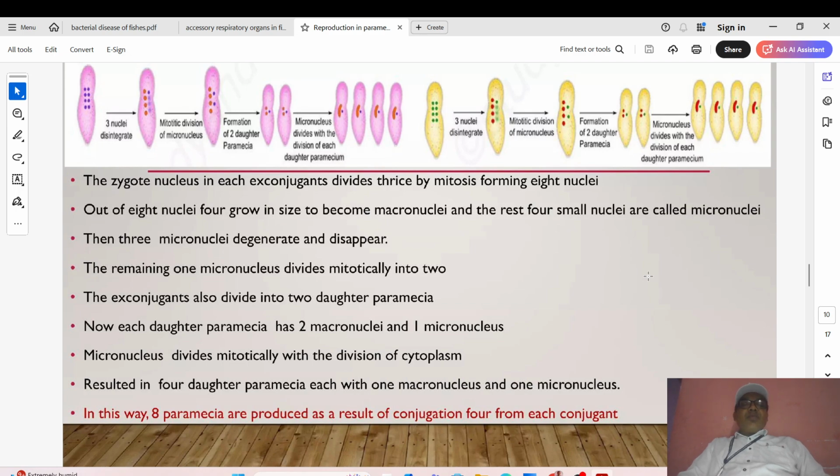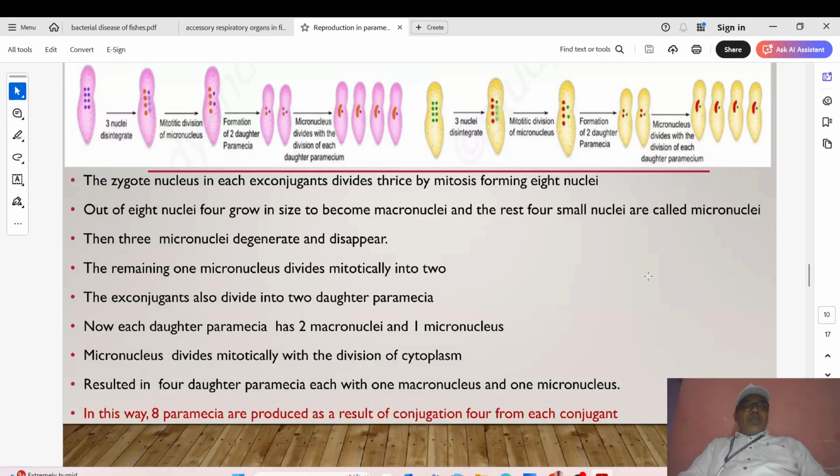The remaining one micronucleus divides mitotically into 2 daughter nuclei, and the ex-conjugant also divides into 2 daughter Paramecia by binary fission. Now each daughter Paramecium has 2 macronuclei and one micronucleus.